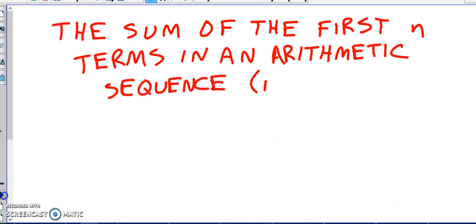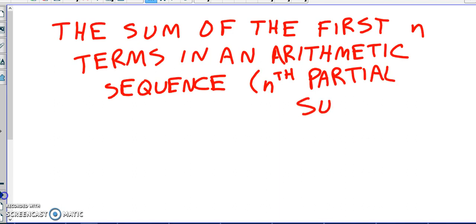And this is sometimes known as the nth partial sum. Partial because you're not adding all the terms together, you're just adding a finite number. So we'll abbreviate that with S sub n.